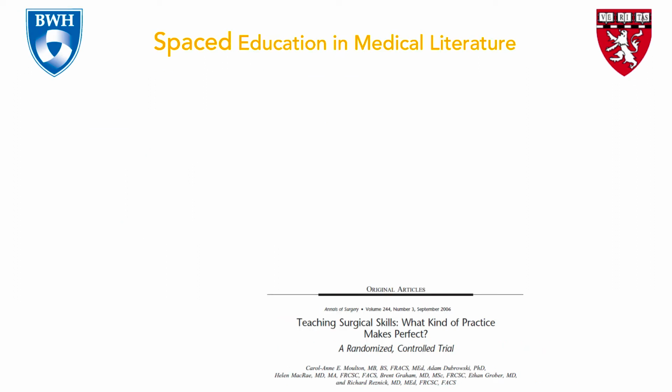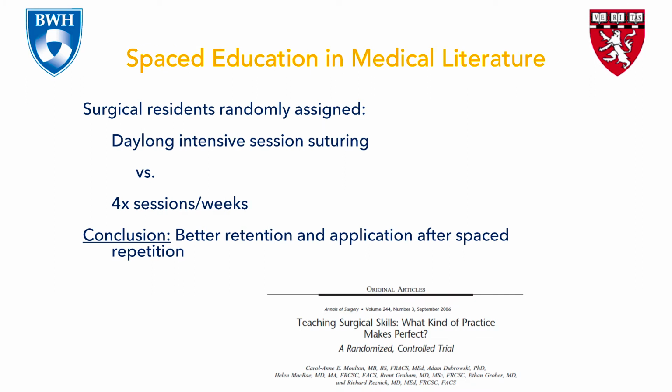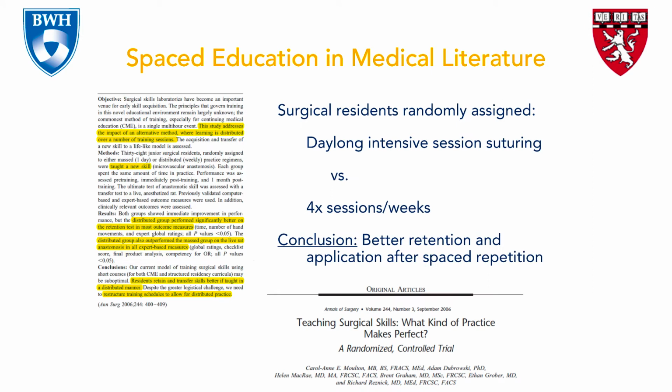This was first demonstrated in the surgical literature, looking at teaching surgical skills, from an article in 2006, where surgical residents were randomly assigned either a day-long intensive session learning suturing versus four different sessions held over several weeks. The conclusion of this paper was that there was better retention and application after spaced repetition.